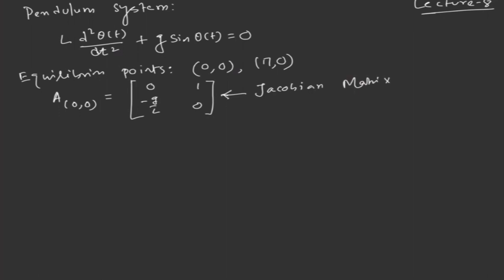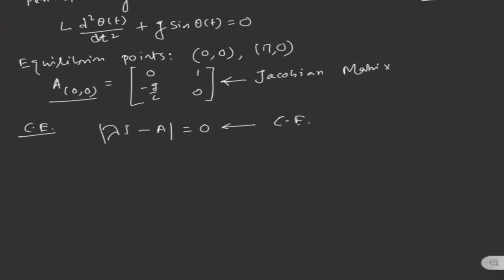Now, from this matrix, we can come up with an equation which is called the characteristic equation. The characteristic equation you can find using this matrix: the determinant of lambda I minus A equal to 0. So this is how we can find the characteristic equation.